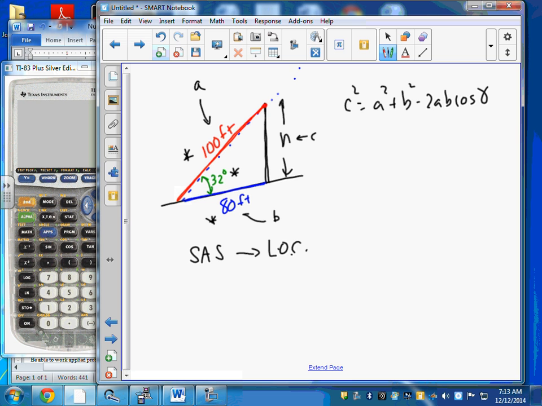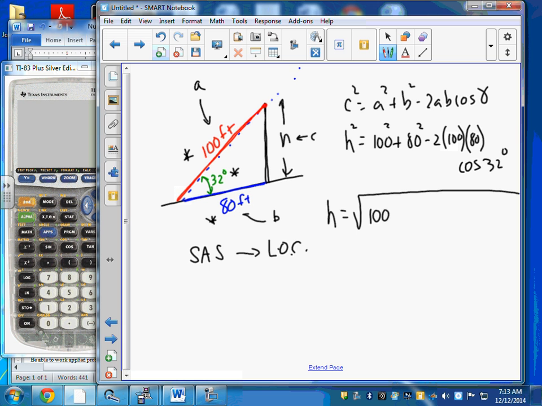So we have h squared is 100 squared plus 80 squared minus 2 times 100 times 80 times the cosine of 32 degrees. So h itself is going to be the square root of 100 squared plus 80 squared minus 2 times 100 times 80 times the cosine of 32 degrees.